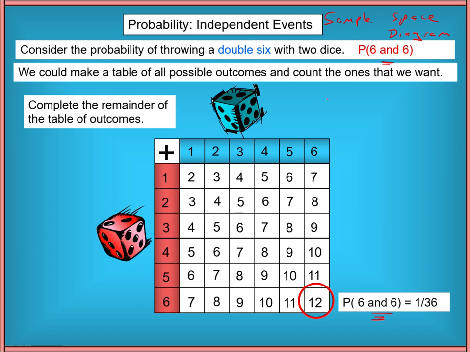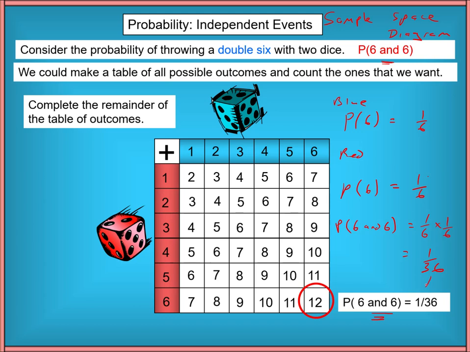So if I write probability of a 6 is equal to 1 out of 6 on the blue. On the red, probability of 6 is also equal to 1 out of 6. And if we multiply that, we get 1 out of 6 times 1 out of 6, which is equal to 1 out of 36.